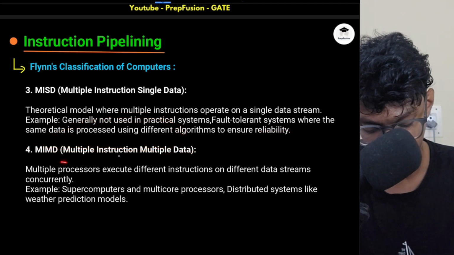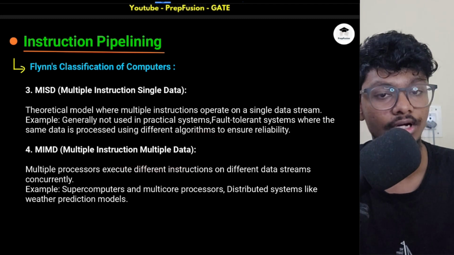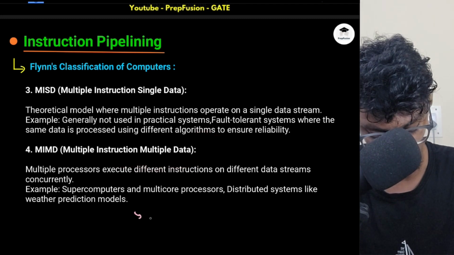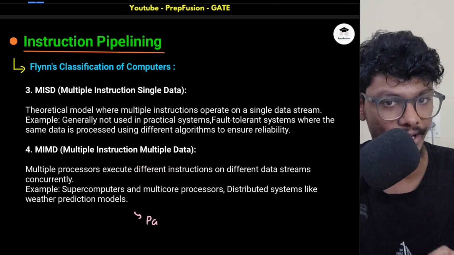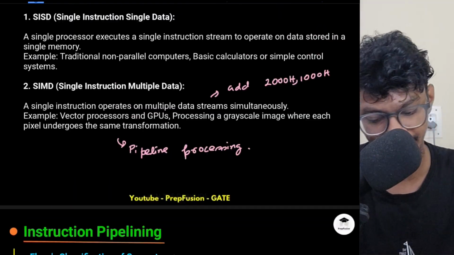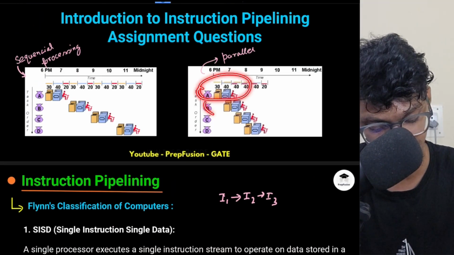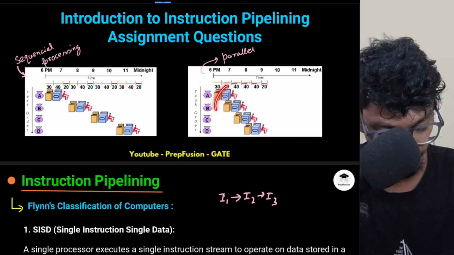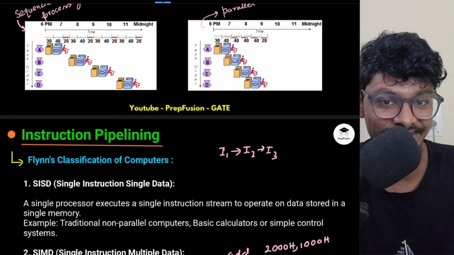Okay, so the use case is this. Then there is multiple instruction, multiple data. This is actually what is known as parallel processing. This is true parallel processing. The earlier one is also parallel processing, but not exactly, because I'm not processing these two things parallelly. But a few things are common here, so this is in the gray area.